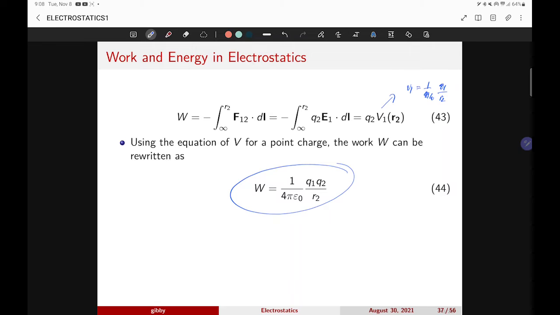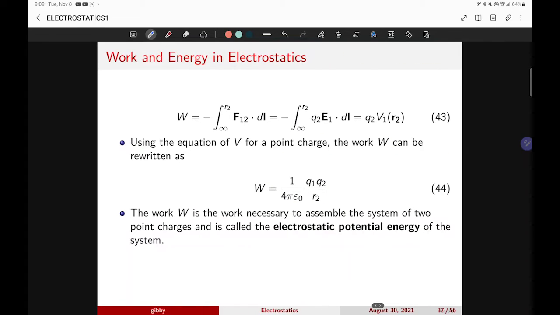Recall that W is the work needed to bring charge Q2 from infinity to distance R2. So the work needed for you to bring charge Q2 from infinity to a distance R2 is given by this expression, given in equation 44. So the work W is the work necessary to assemble a system of two point charges.